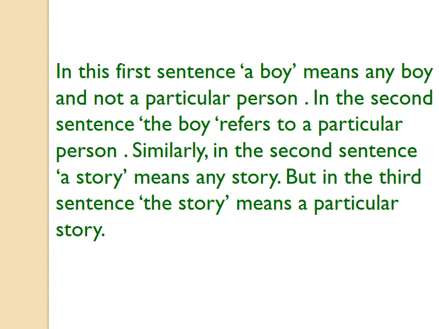That means the boy is particular, but he told me a story. Now the story is not particular or specific. So that's why the indefinite article a is used. Now the third sentence, the story was very interesting. Here the story is particular or specific now, because I met a boy, he told me a story.